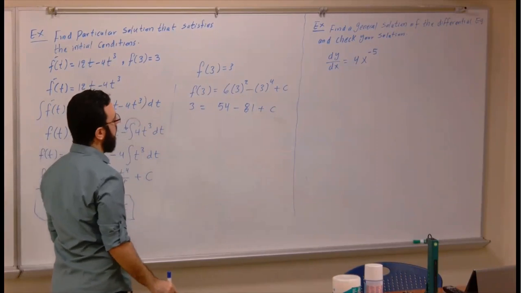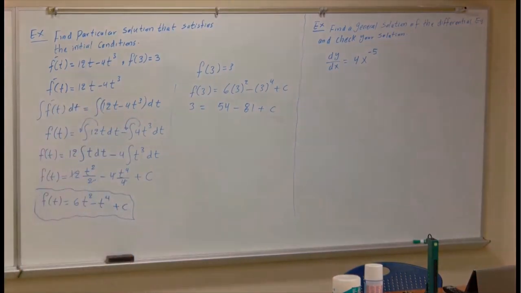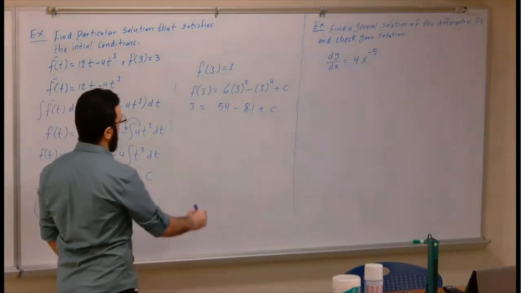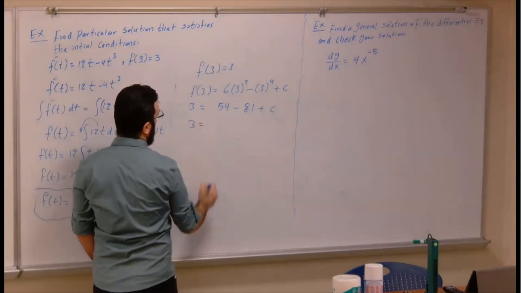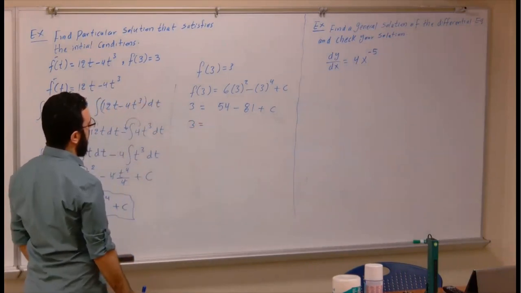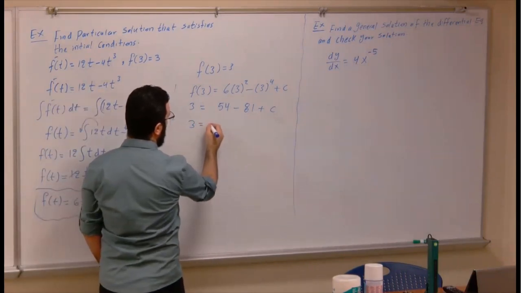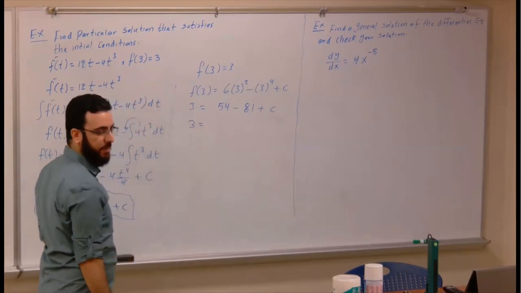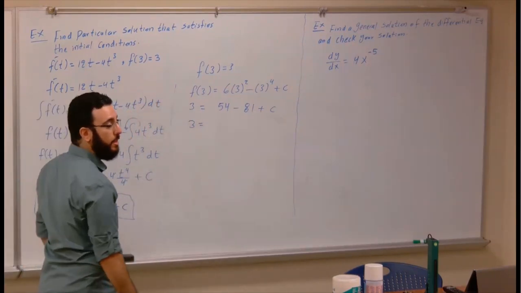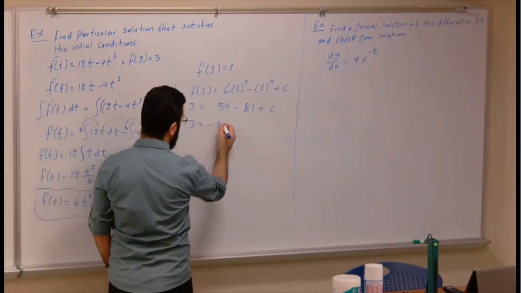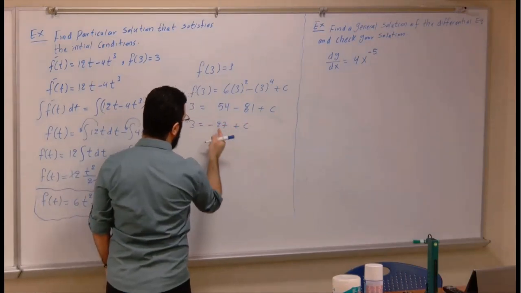How much is it going to be? 54 minus 81 is going to be negative 27. So here is negative 27 plus c, and you move it over.